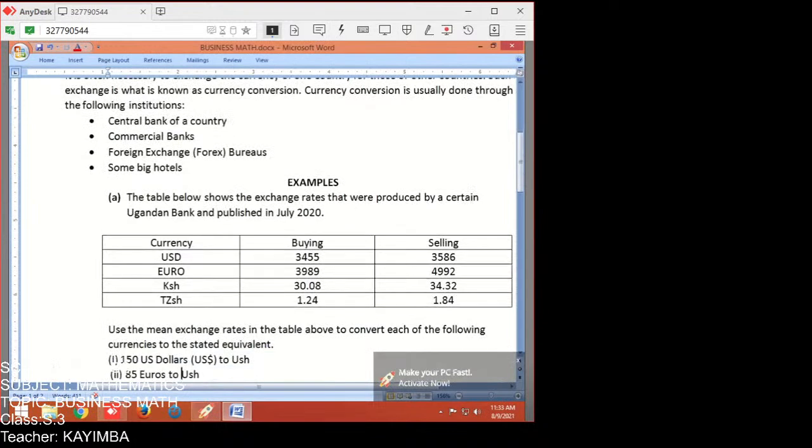Then when I continue there, the table below shows the exchange. Now we are going to examples. The table below shows the exchange rates that were produced by a certain Ugandan bank and published in July 2020. So from this table, they give you the currency, how much they are buying that currency, and how much they are selling it.